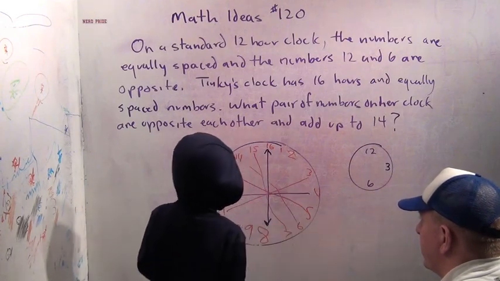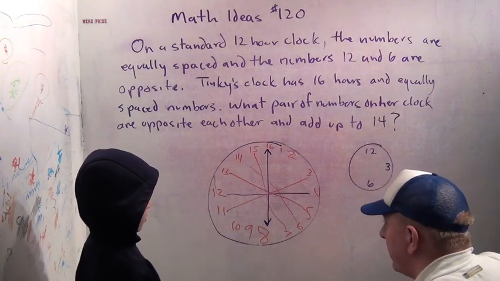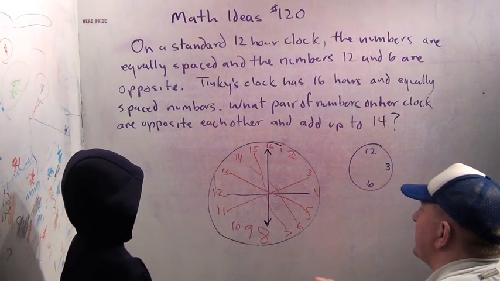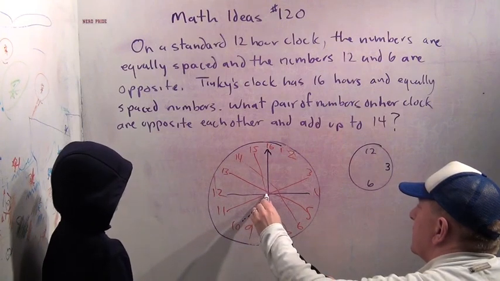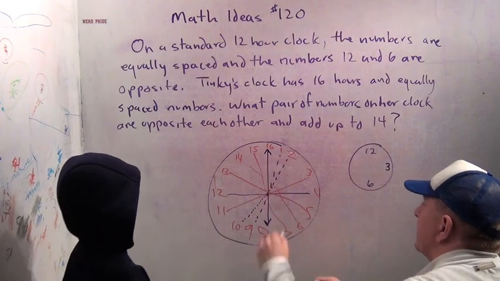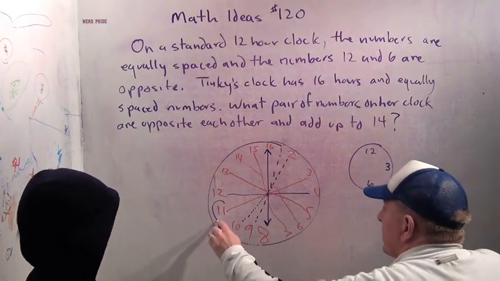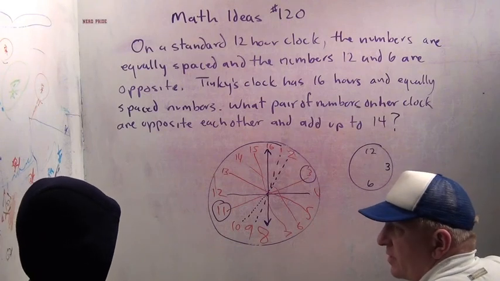What does 11 plus 3 equal? 14. Oh, that's it. What's opposite 10, by the way? Opposite 10 is 2. Okay, so that adds up to 12. So there's only one set of numbers, 11 and 3, that are opposite and add up to 14.